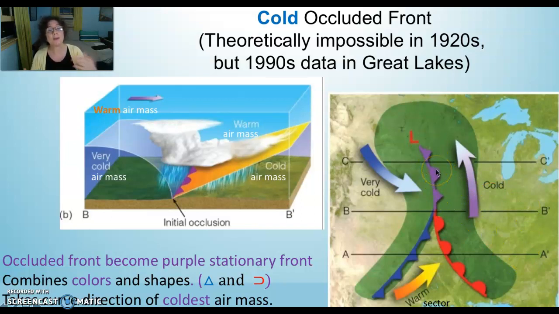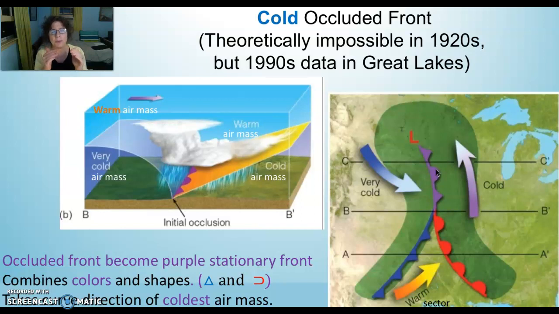If you were in a newspaper in the 1900s and it was black and white, the stationary fronts were going to be straight because the winds were going to be going on either side. They were very even. And the occluded fronts have a curve to them that is the force of the coldest air mass that is pushing the curve. So I'm not saying it's a beautiful system, but you now see it as purple, so you know it's an occluded front. It's kind of a mystical, kind of a magical purple front.